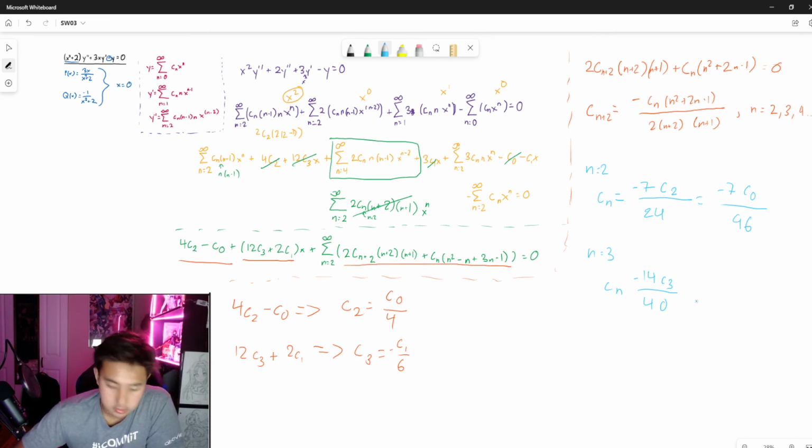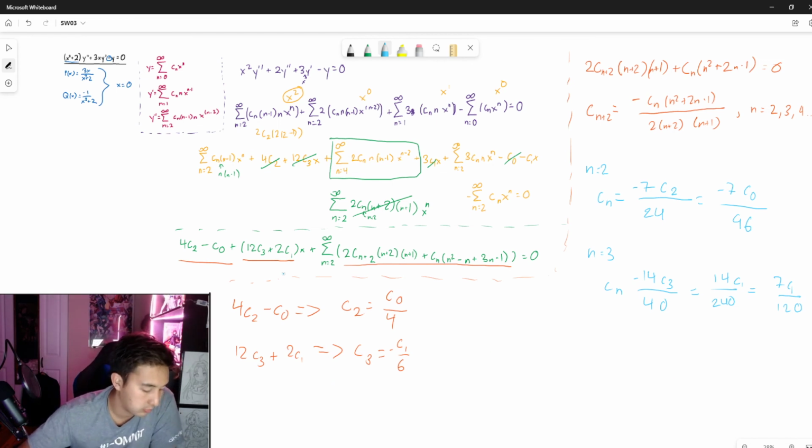So this is essentially equal to minus 14 C1 over 2 times 40 times 6. That's 240. You can divide that by 2 to reduce this fraction, and we get 7 C1 over 120.